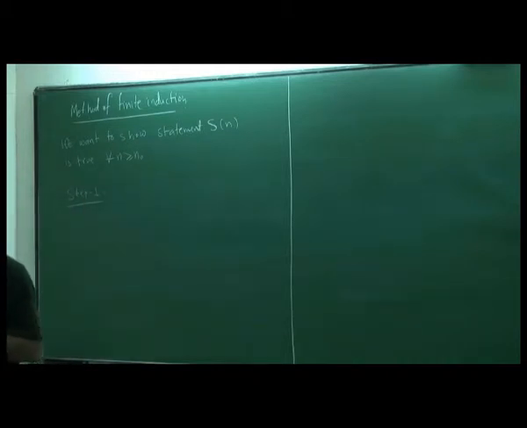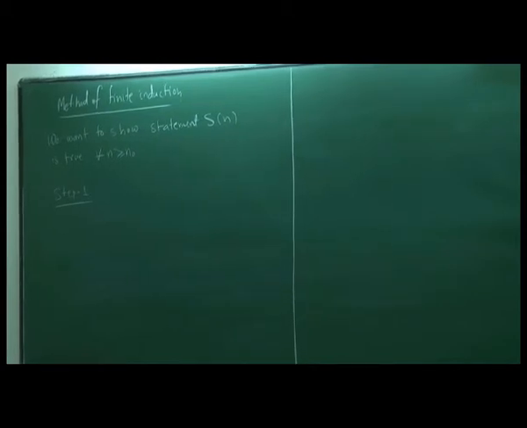Base case. So what do I have to prove? Verify for P of 1, verify for the base case. It may be 1 or 2, whatever the base is. So what is the base case now? n naught.